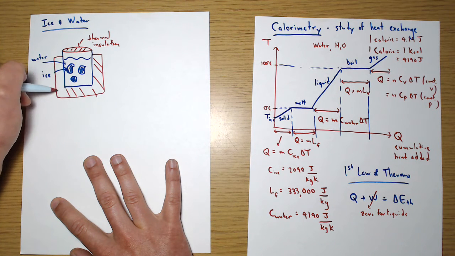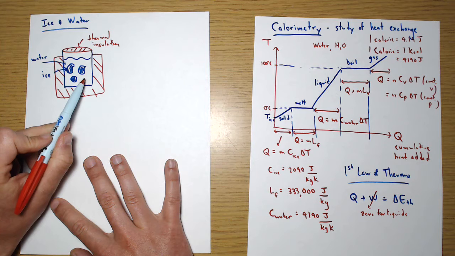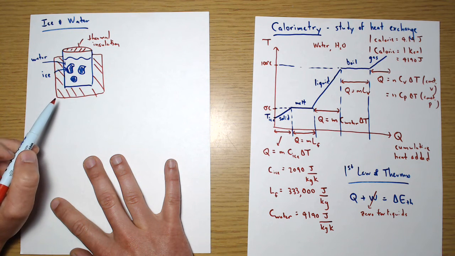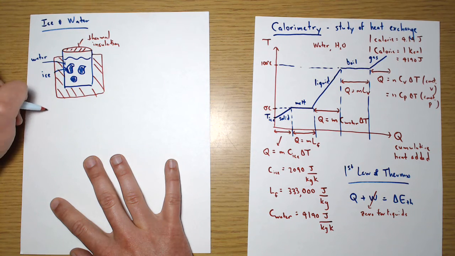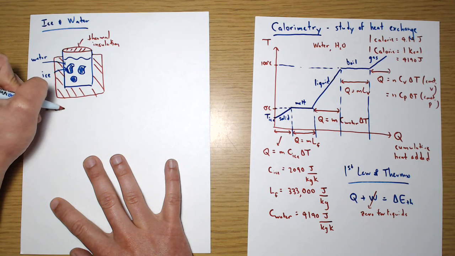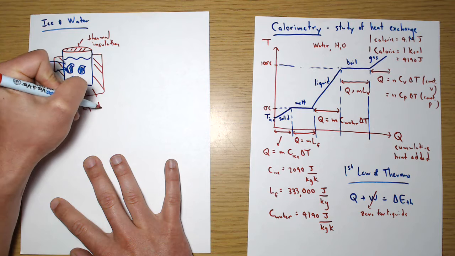This also serves as thermal isolation, because I don't want heat to escape from the mixture of the water and the ice into the environment, because that will change my equilibrium equation. So what we're waiting for here is the system to come to equilibrium.